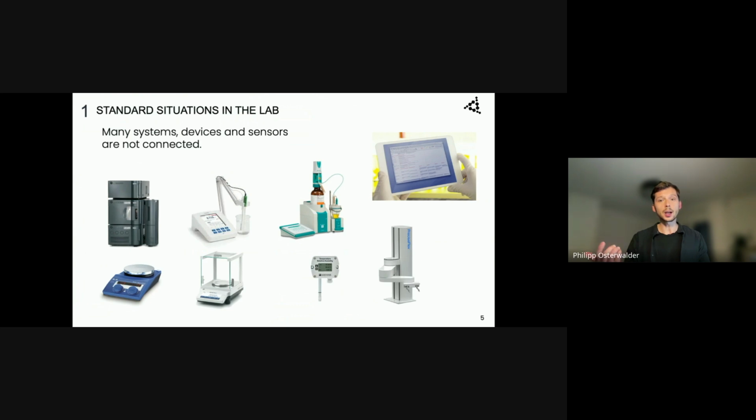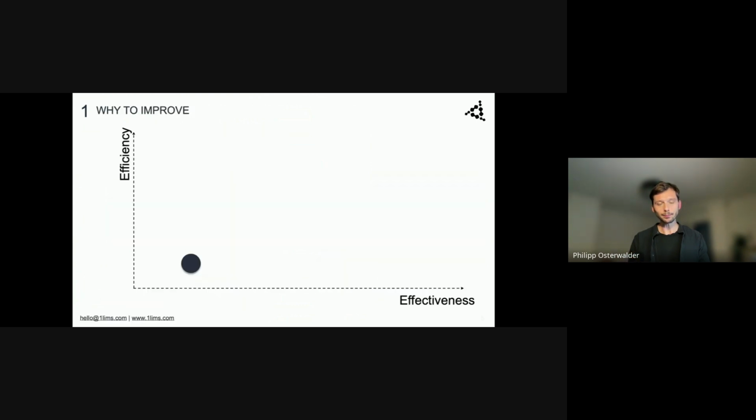But this is also a bigger challenge, to have interfaces and specific connectivity into one single system, like a LIMS, directly from these devices. And we get a lot of questions about what kind of tool we need and how we start the digitalization journey.